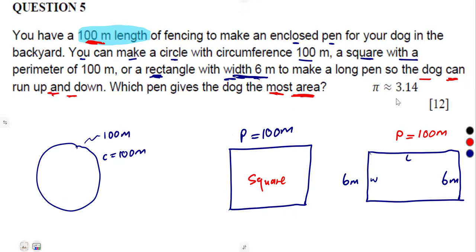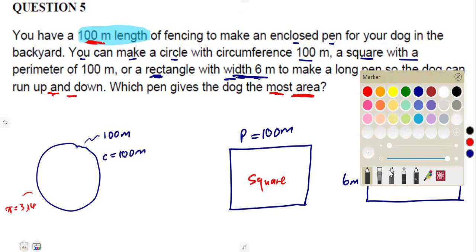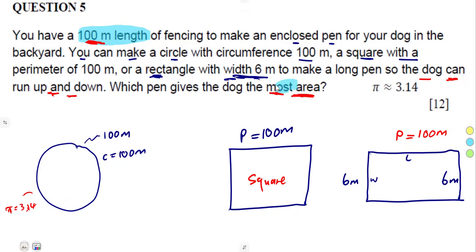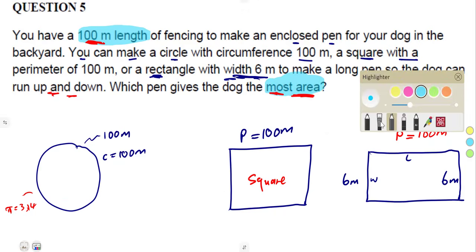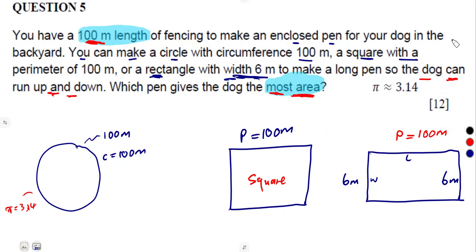Where pi is approximately equal to 3.14. Pi is used when we're given a circle. So what are they talking about here, guys? The most area, the biggest, the largest area. Which of these shapes will give us the largest area?